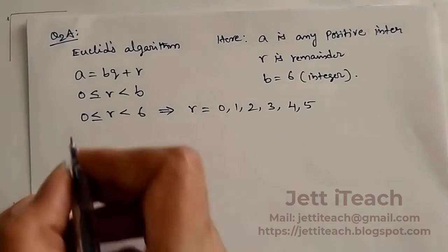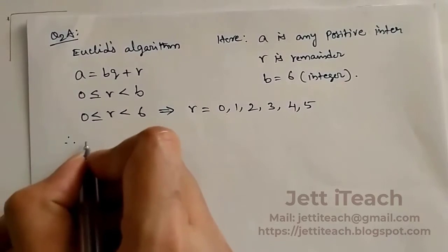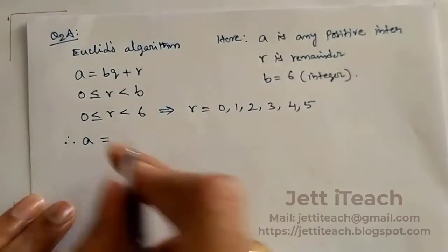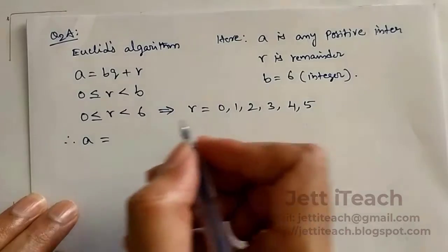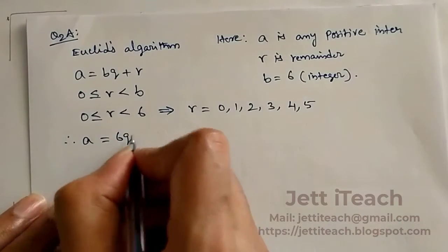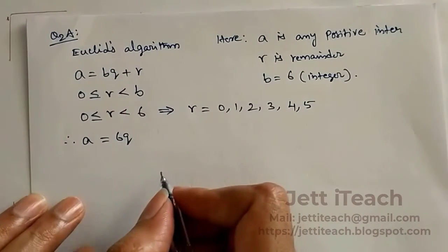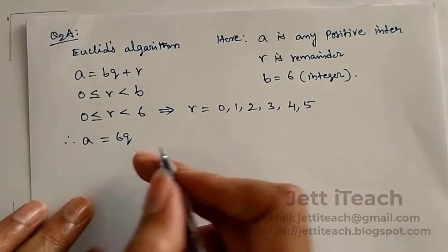Okay, so then what's the value of a? Therefore a equal to bq, bq means 6q, plus r. Okay, 6q plus r.